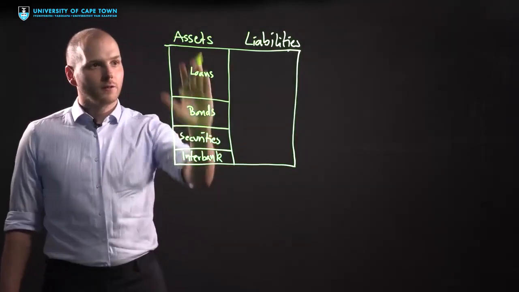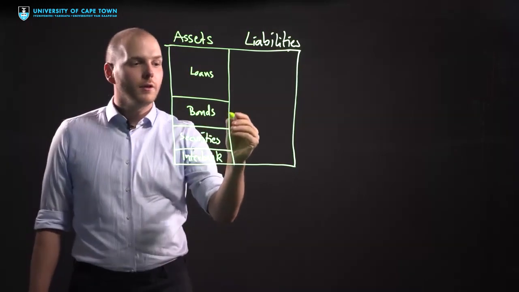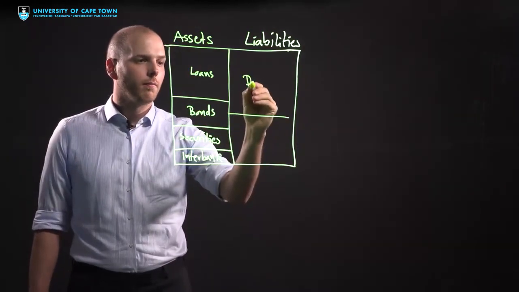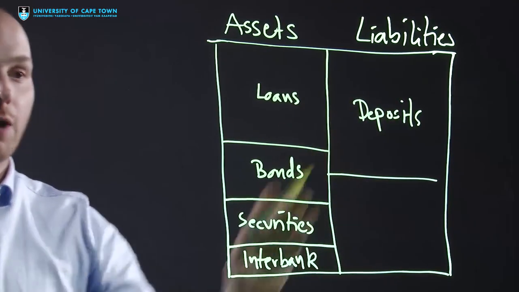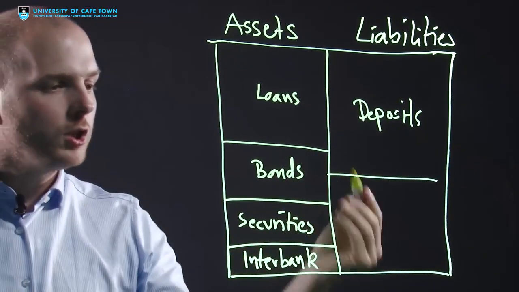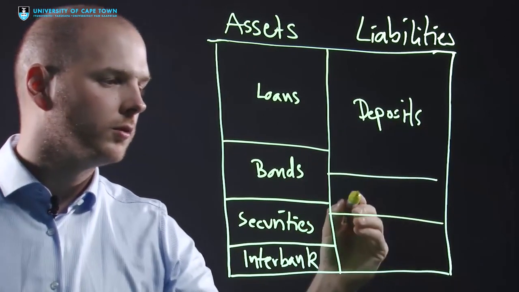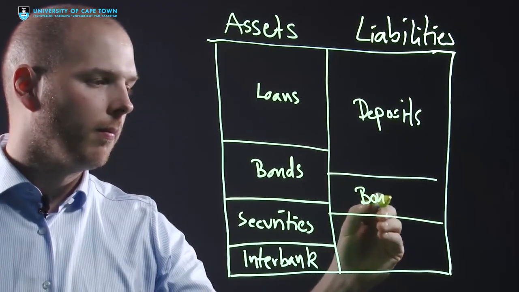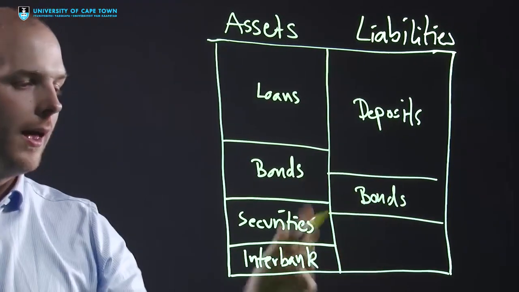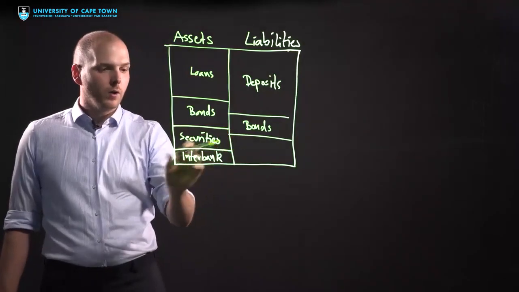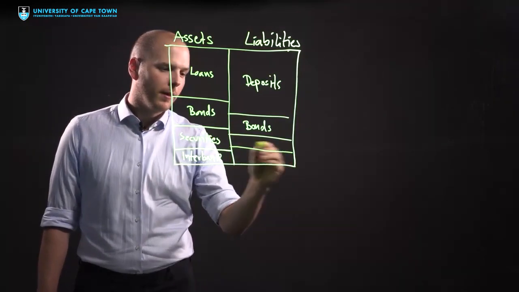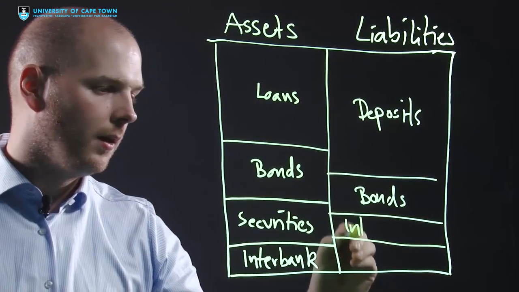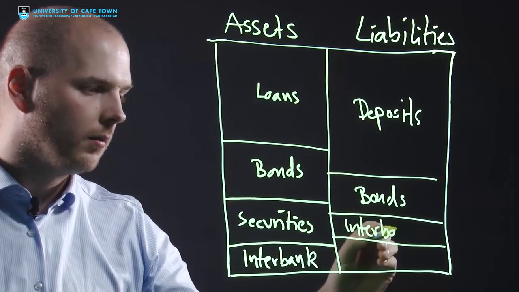The bank finances all these activities mostly through deposits, which are from households. They also issue bonds themselves. So here we have some bonds. And since banks lend to one another, some of the banks have to actually borrow from other banks. So here's some interbank liabilities.